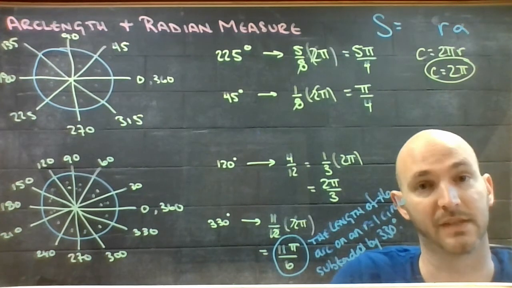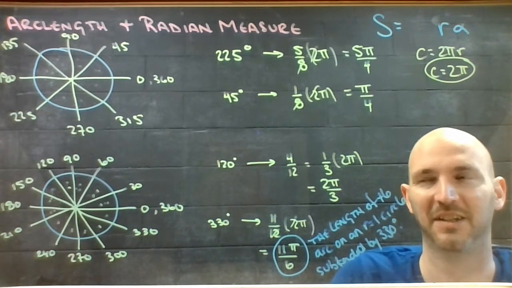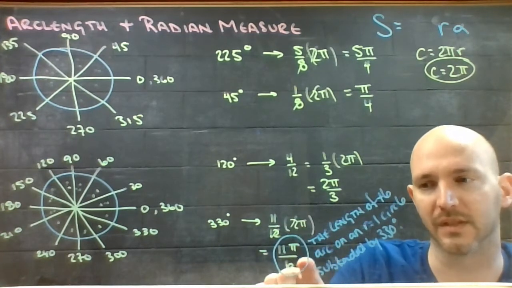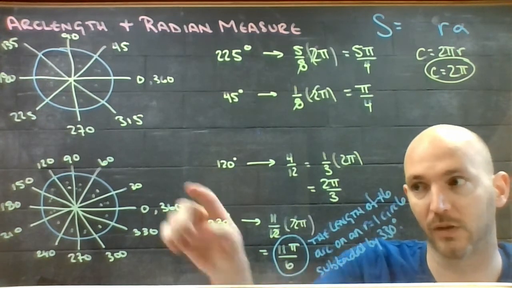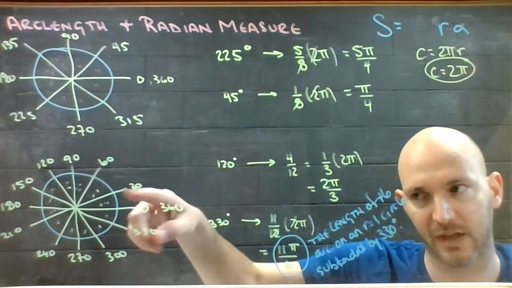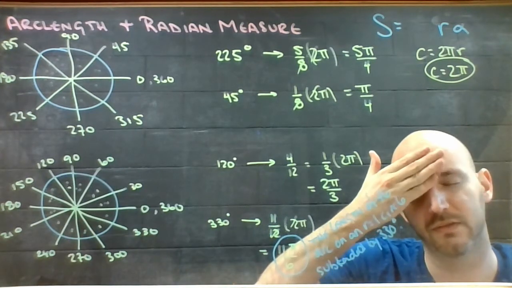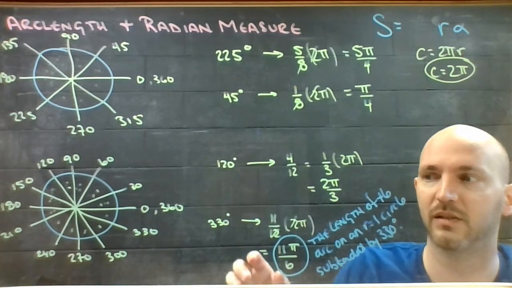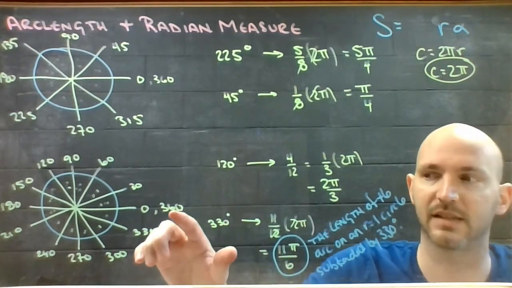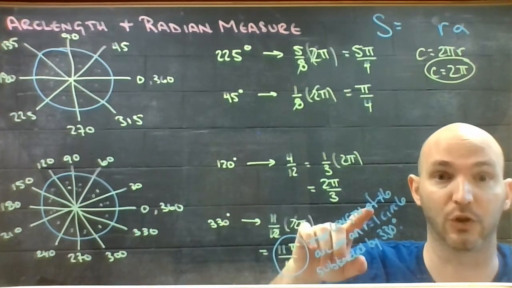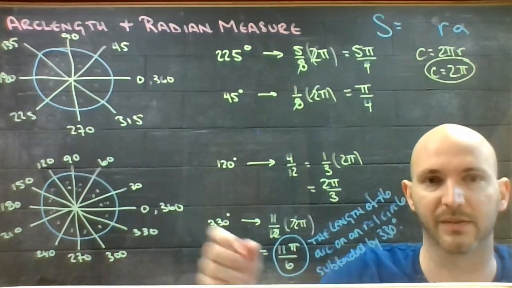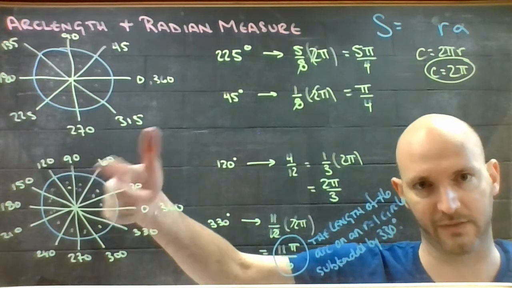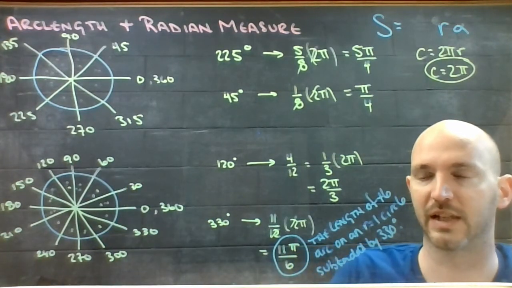Now, how does this make your life any easier? Well, first off, these numbers, like 11 pi over 6 or 12 pi over 6, that's 2 times pi, that's about 6. So I've scaled down my units. Instead of taking 360 degrees in order to get all the way around a circle, I'm only taking up 6.28 whatevers in order to get all the way around.